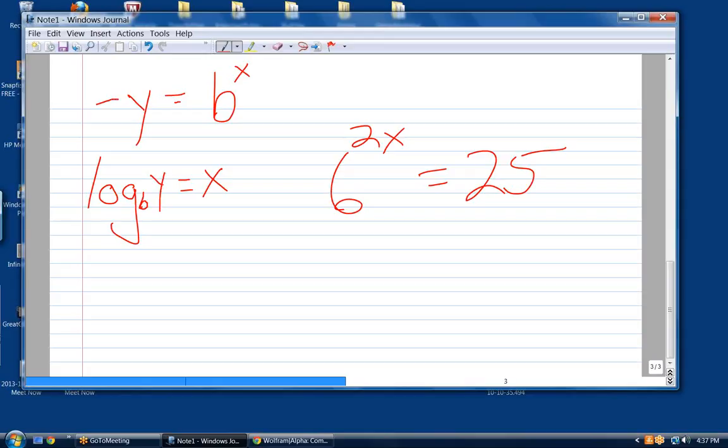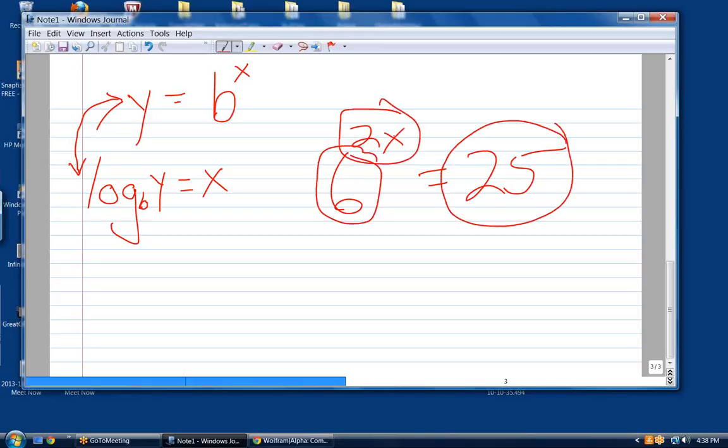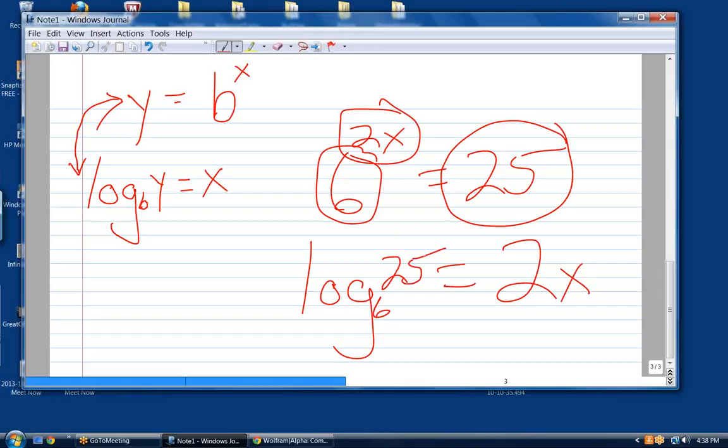So these two are equivalent expressions. Be able to go back and forth either way. So if I want to write this logarithmically, what I started out was y equals b to the 2x. So I'm going to say the log is equal to 2x because logarithms are exponents. 6 is my base. 25 is my argument.